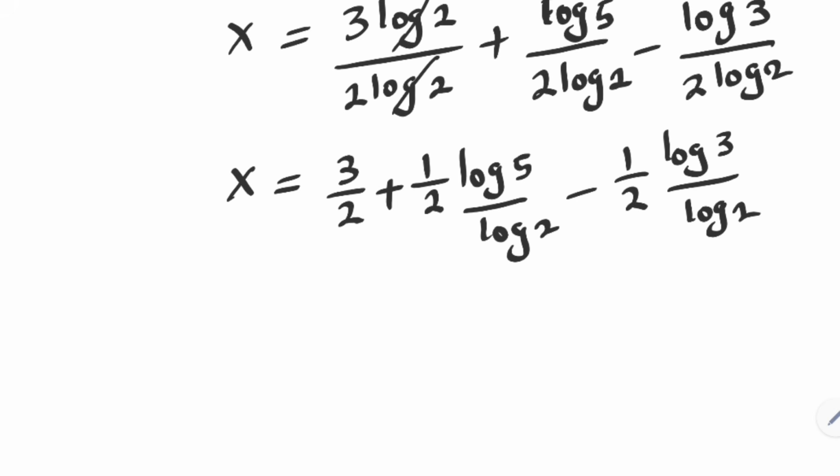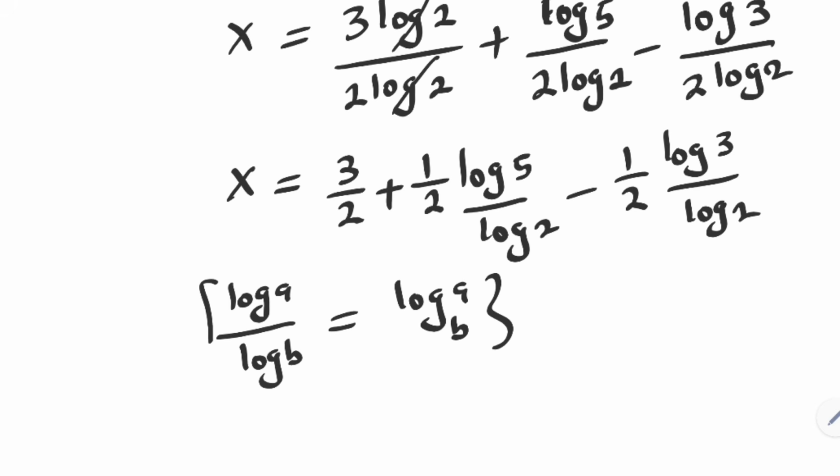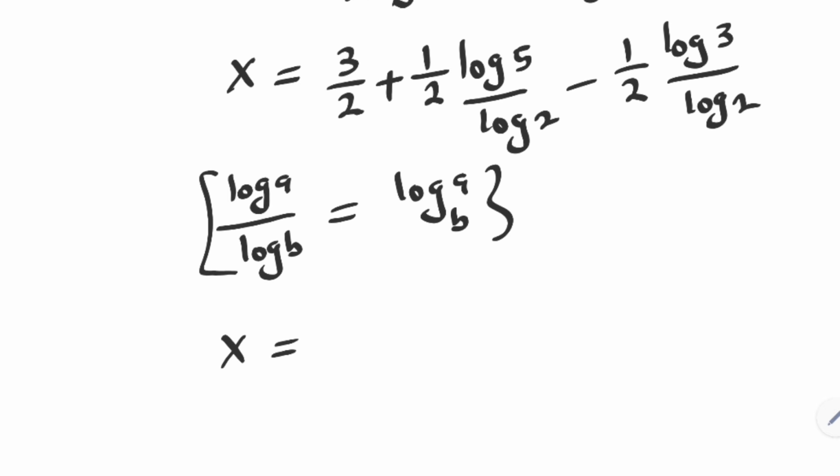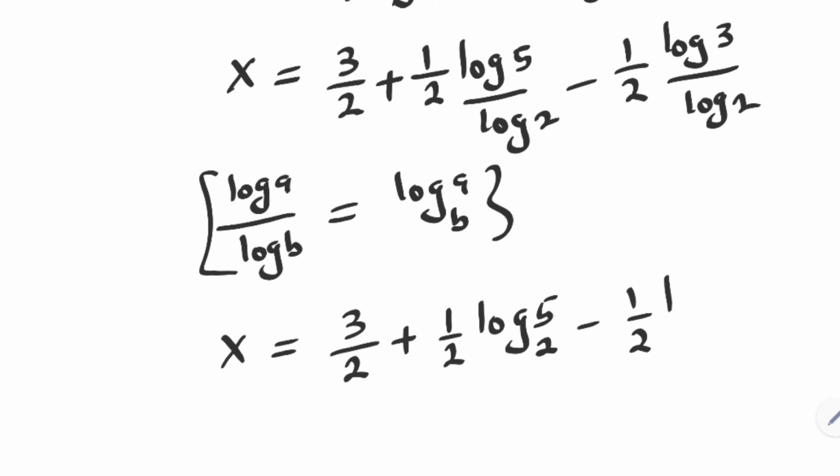Take note of this, that if you have log A over log B, this is equal to log A base B. x is equal to 3 over 2 plus 1 over 2 log 5 base 2 minus 1 over 2 log 3 base 2.